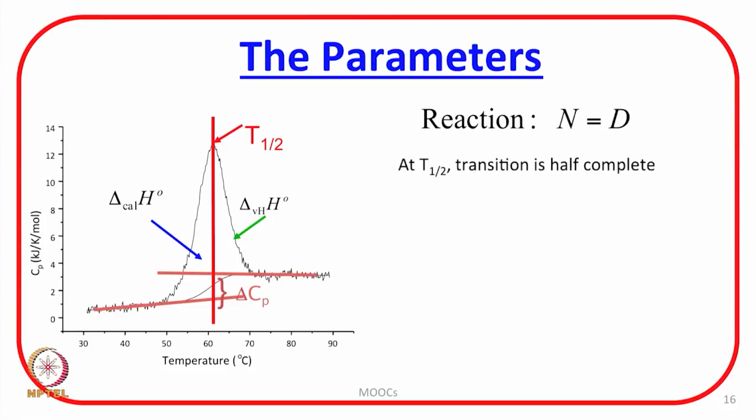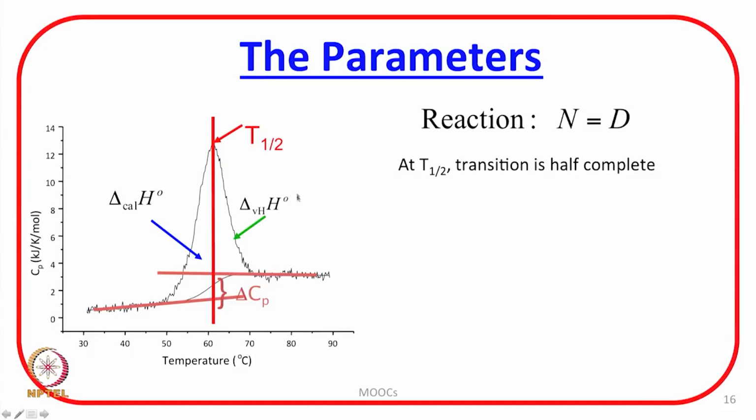And then at T half, that is at this temperature, the transition is half complete. Because if you consider this complete peak associated with the complete transition from native to denatured state, then at the point where this total area is divided into two equal halves, I repeat, where the area is divided into two equal halves, that temperature is T half.